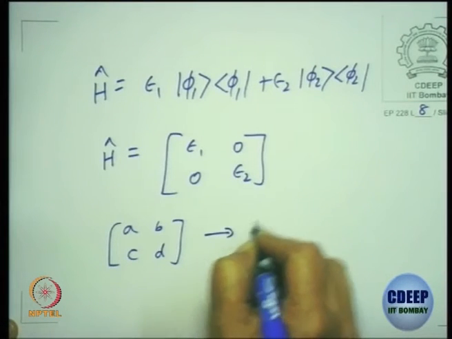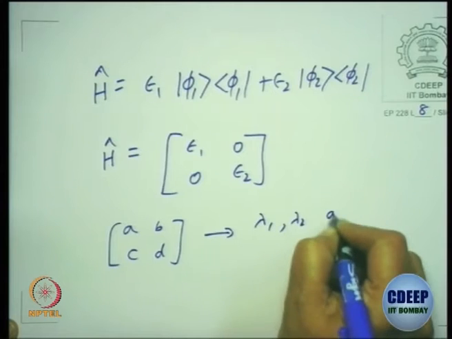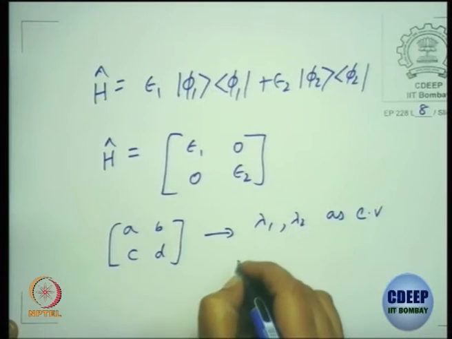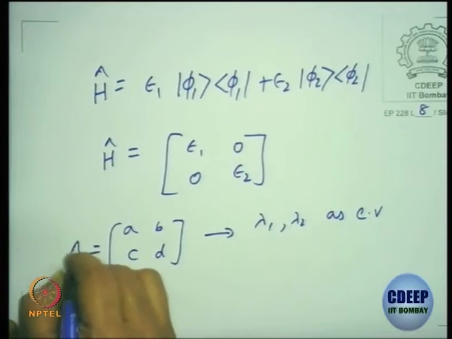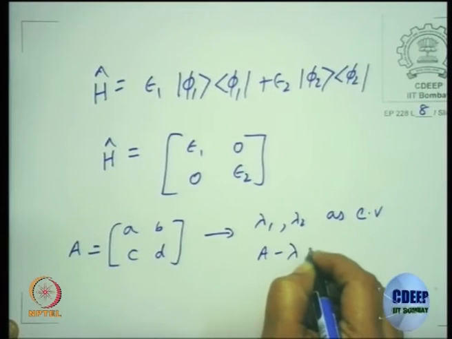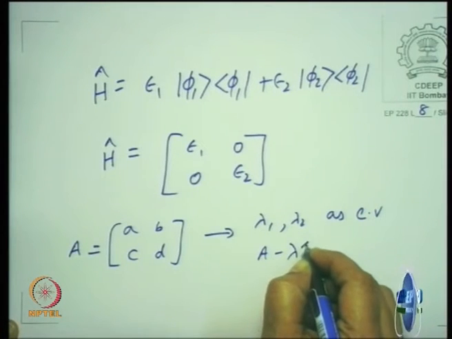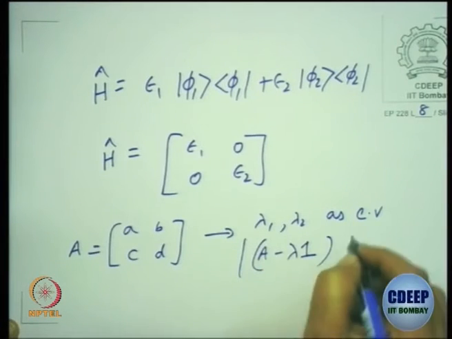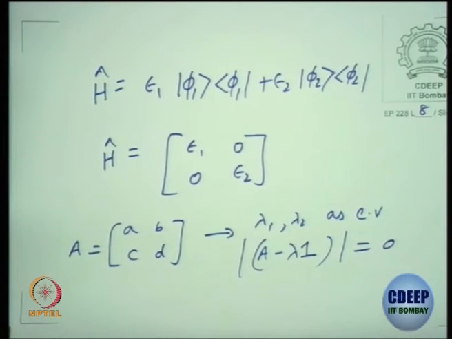It will give you lambda 1 and lambda 2 as eigenvalues. This matrix is A minus lambda I, and the determinant of that has to be 0. Then you solve this and you find the 2 eigenvalues. And once you know the eigenvalues, you know how to find the eigenvectors.